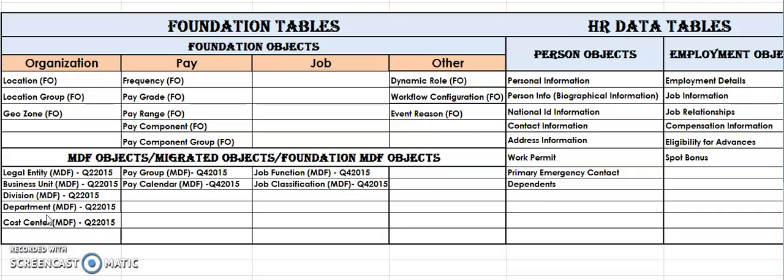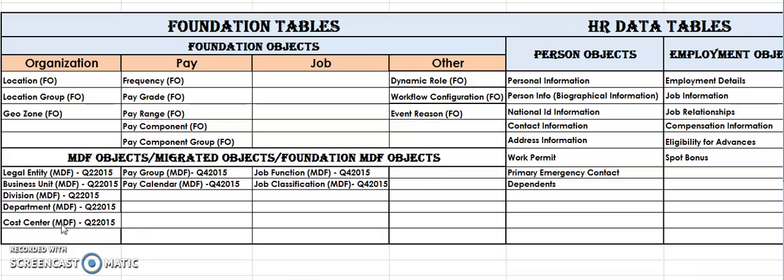So that is about the department. And the cost center is configured to track the expenses incurred on specific objects. Cost center is nothing but a controlling object.